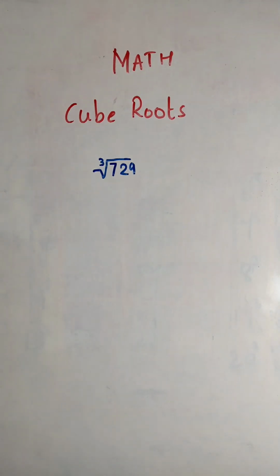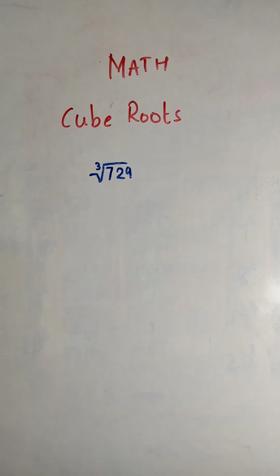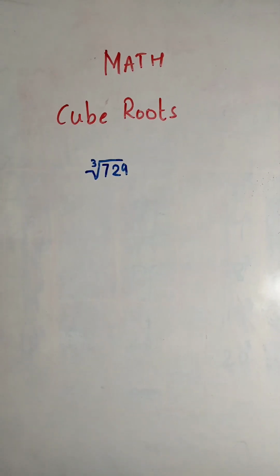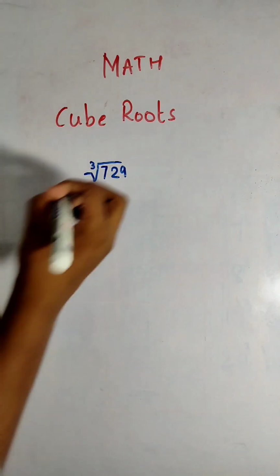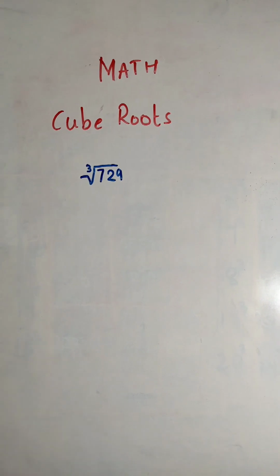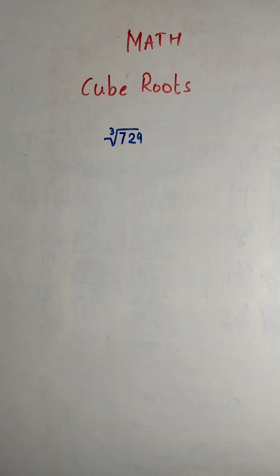All we are trying to do is prime factorize this number, 729. We have to prime factorize any number that we're trying to take a cube root of, and when we take the cube root of that number, we'll get a certain stretch of digits.